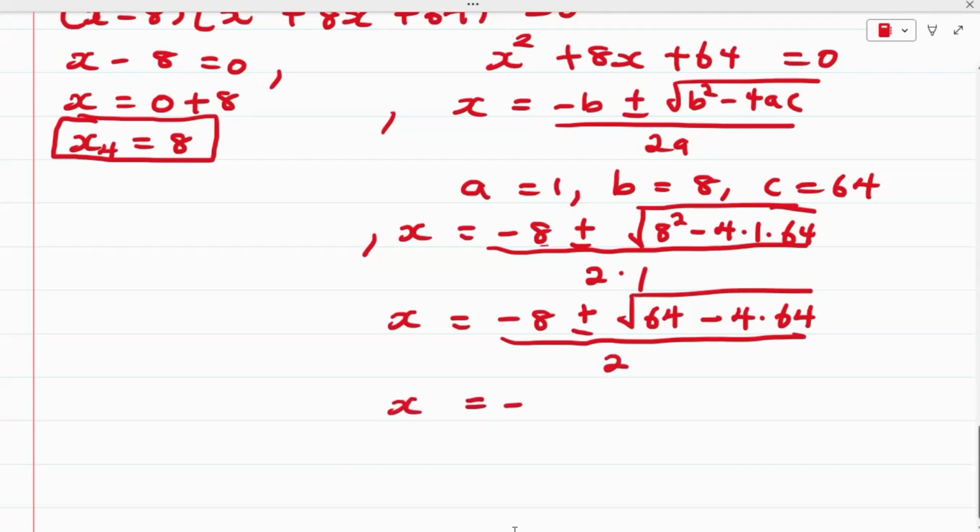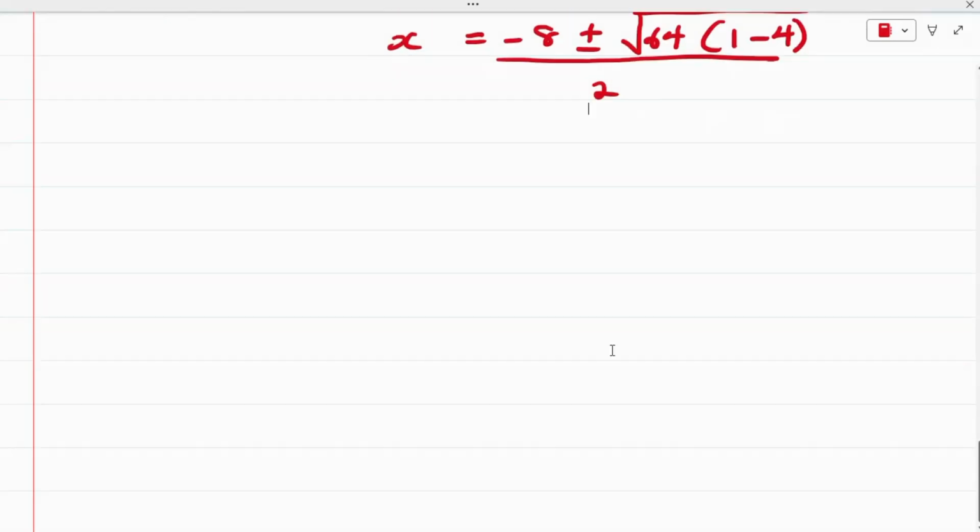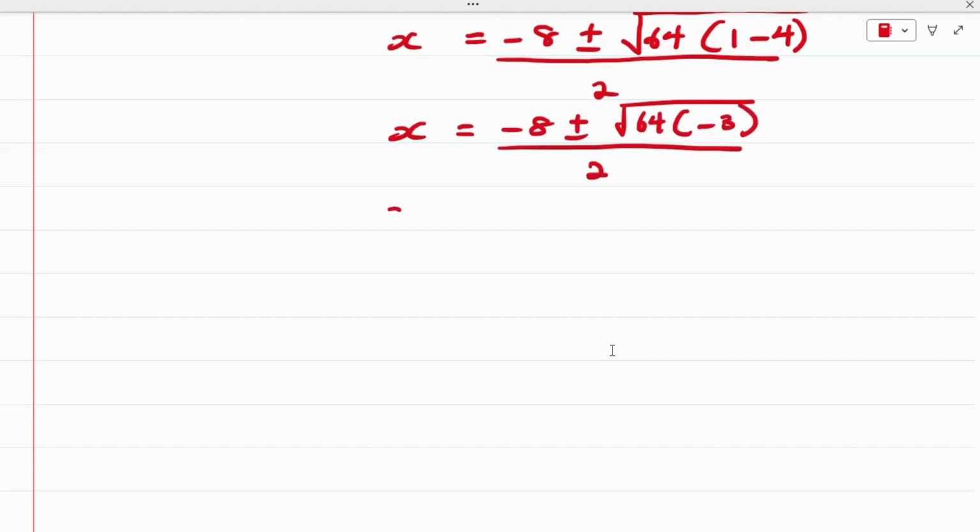So x is equal to minus 8 plus or minus the square root of, we have 64 to be the common term. So if you factor out 64, we have 1 minus 4, divided by 2. So from here, we have that x is equal to minus 8 plus or minus the square root of 64 times 1 minus 4, which is minus 3, divided by 2. So x is equal to minus 8 plus or minus.